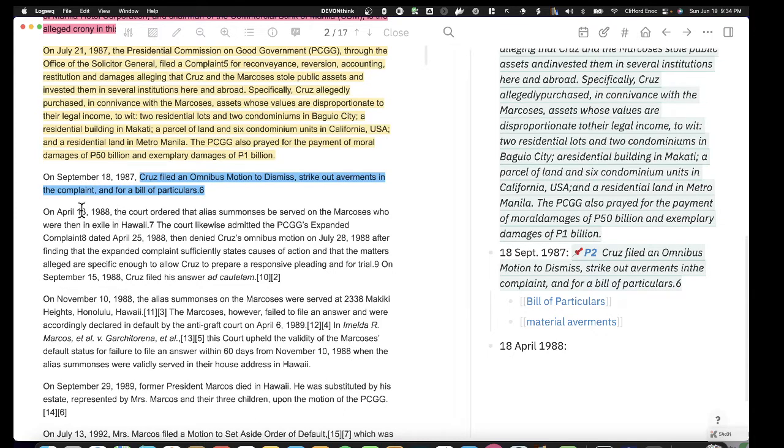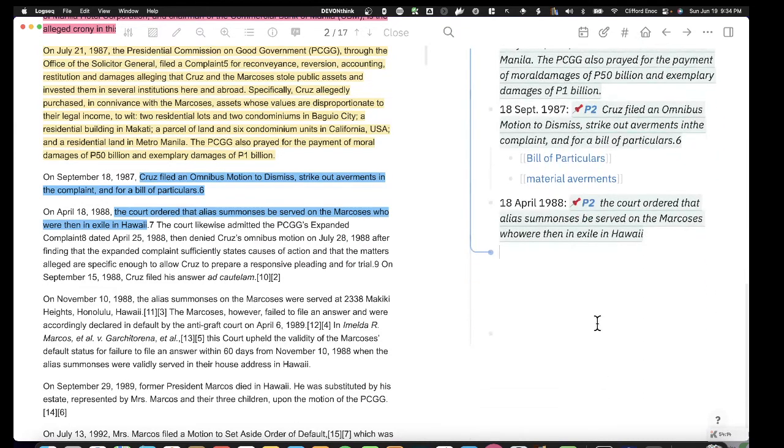So ito yung sa April, no. Let's copy that and highlight so I can have that reference and paste. The court ordered that alias summonses be served on the Marcoses who were then exiled in Hawaii.